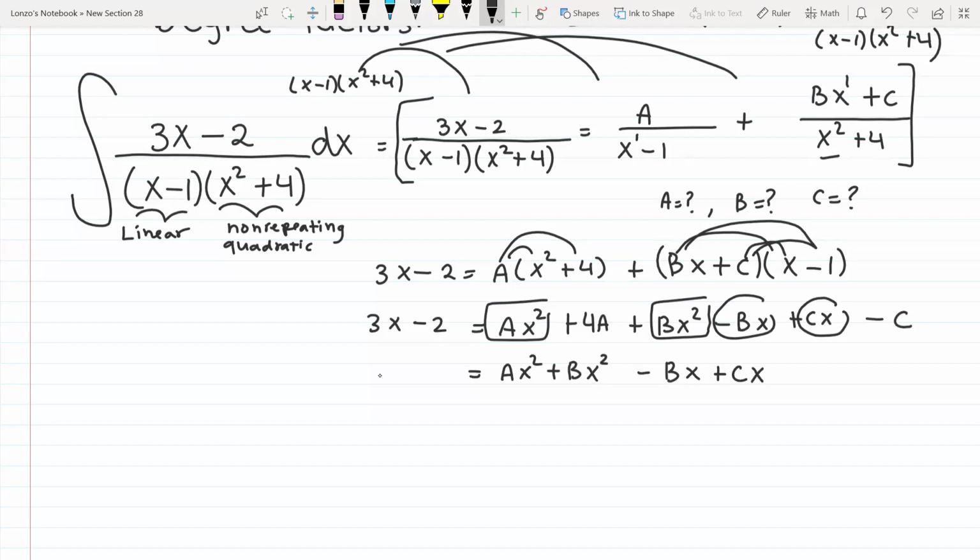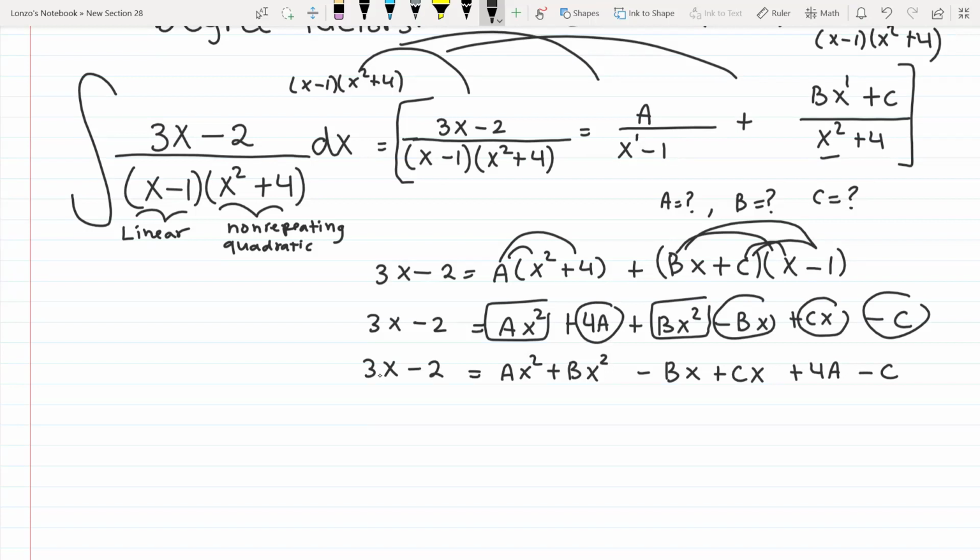And then the next one is our constant, or not constant, our power zero, which is 4A and a negative C. And then on the left, it's just 3x minus 2, right?